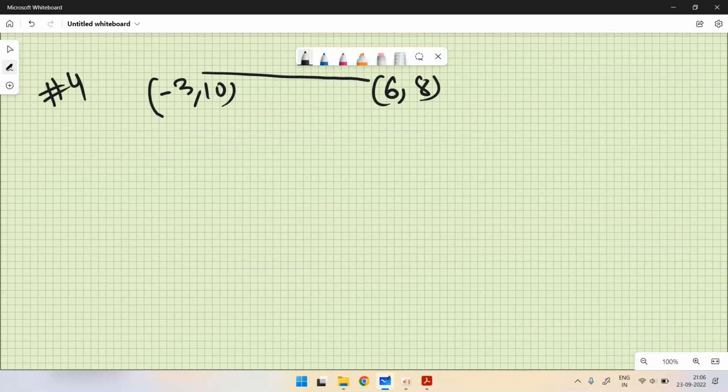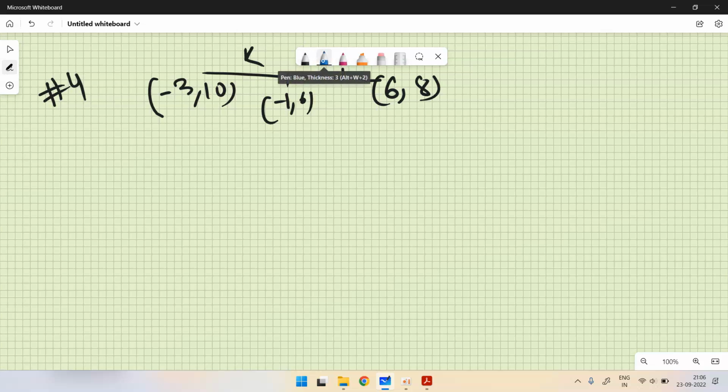I'm joining these two points. The point minus 1, 6 is given, and k is to 1, taking the ratio. So I'm directly applying the formula. Here the point is x comma y.